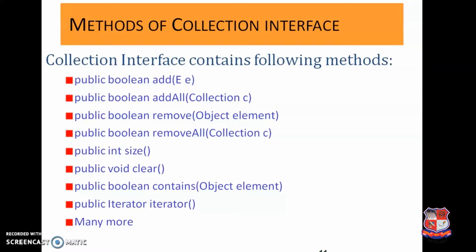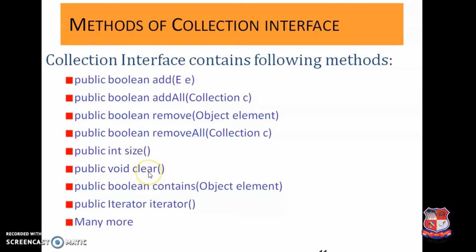If you want to add an element in a collection, you can use the add method. You can also add an entire collection to another collection by using the addAll method. Similarly, you can remove and removeAll. The size method will give you the size of the collection.